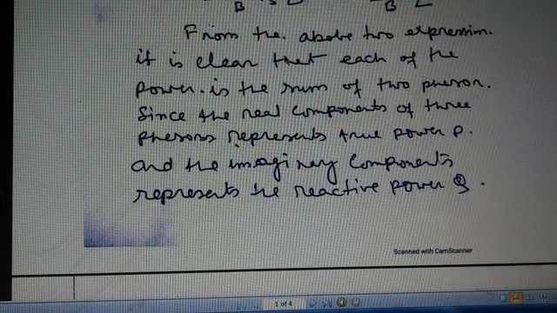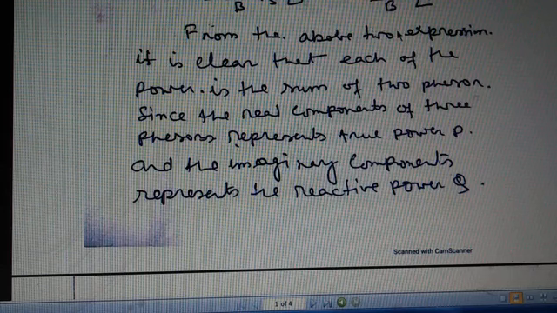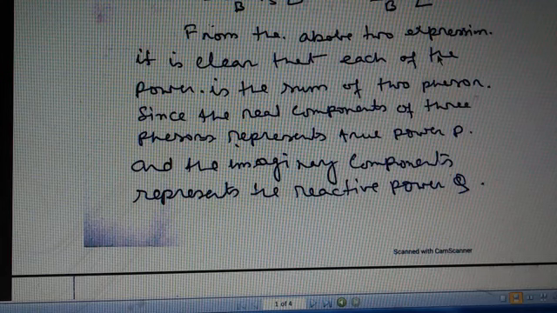From the above expressions, that is expressions number 1 and 2, it is clear that each of the powers is the sum of two phasors. Since the real components of these phasors represent the true power P and the imaginary components represent the reactive power Q, it is possible to plot SR and SS in the x and y axis plane, whose horizontal and vertical coordinates represent the true and reactive powers respectively.